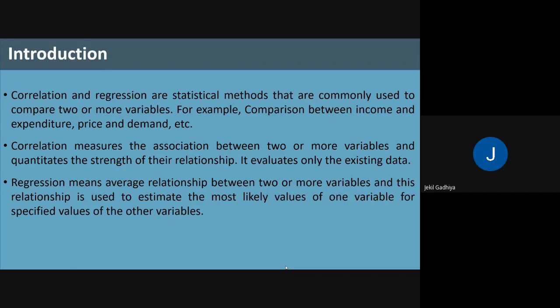Correlation evaluates only existing data, whereas regression first represents the average relationship, and using regression you can find out the value of some specified data using some given data. So this is the major difference between them, and generally both represent the relation between two or more variables. Right. So let's start with correlation.